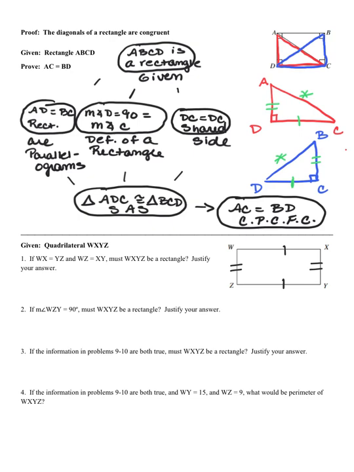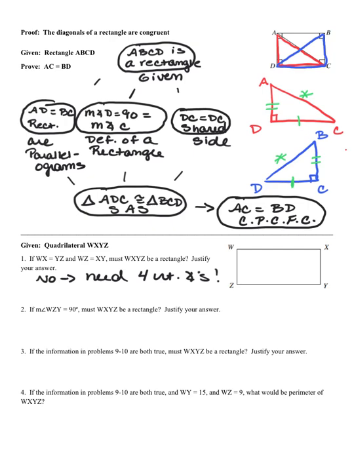Well, to be a rectangle, we need 4 right angles. What we know we have is opposite sides congruent to each other. Right now, we do not have any way of knowing that those angles are right angles. So no, we don't know that this is a rectangle if all we know is opposite sides are congruent.